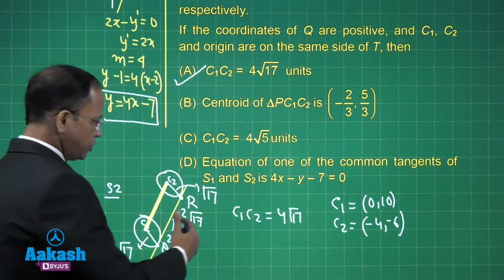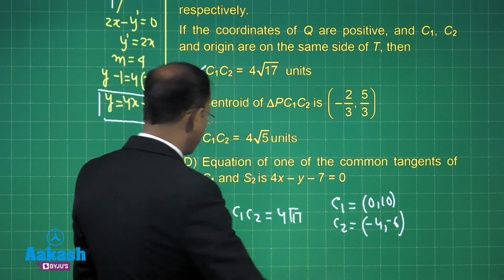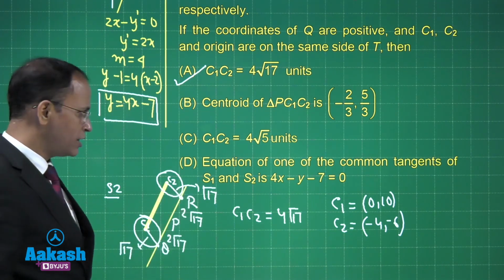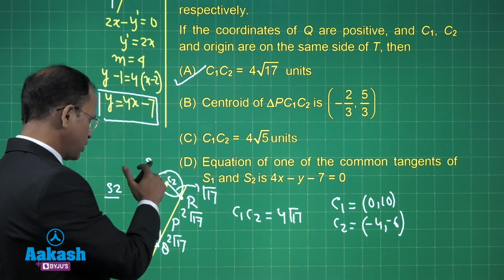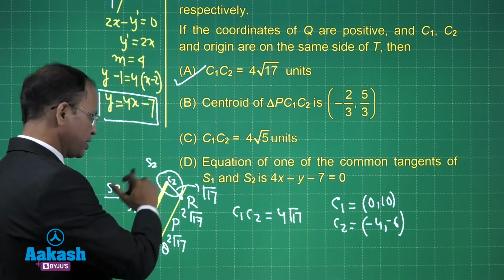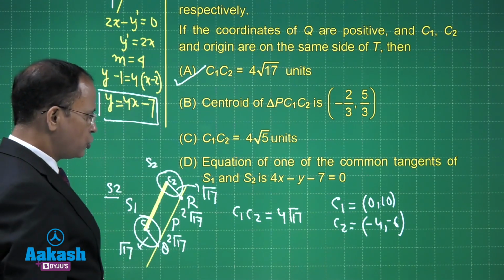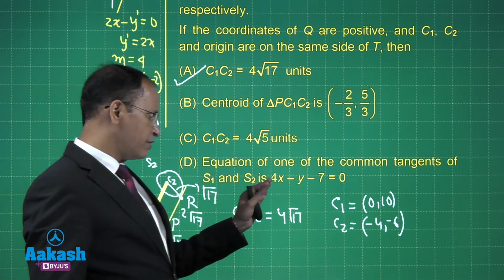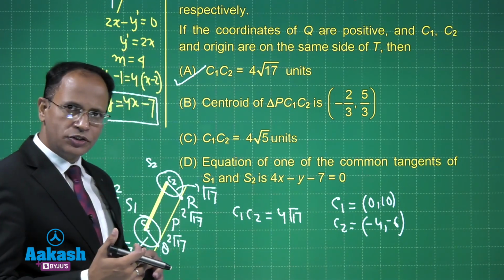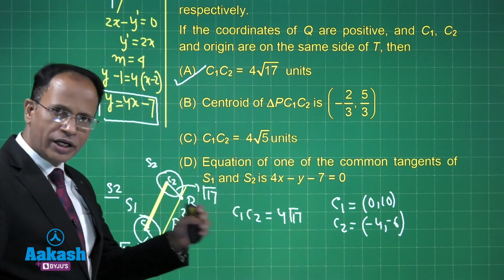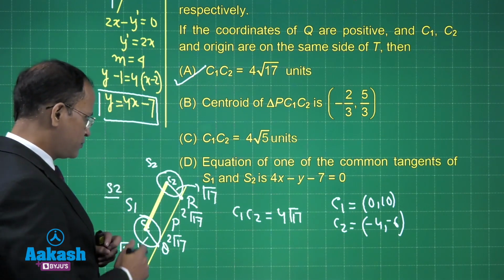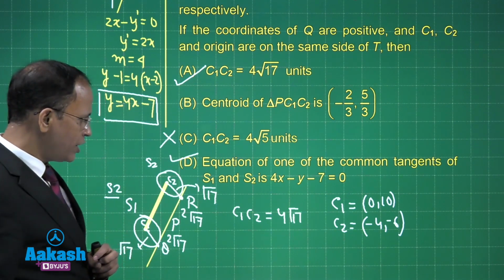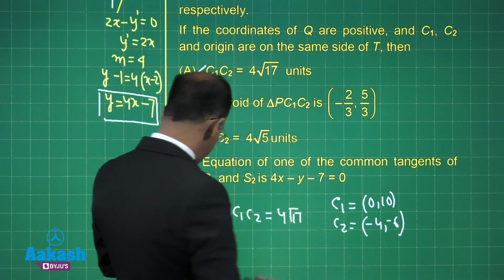Secondly, since C1 and C2 can be found, the equation of the common tangent of S1 and S2 is 4x minus y minus 7, which is the same tangent to the parabola at the point P. So this option is also correct. This one is wrong.